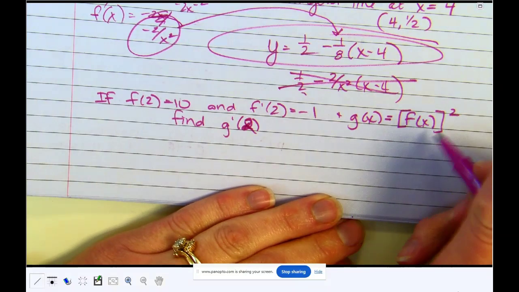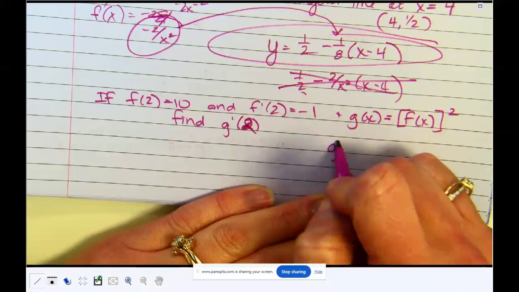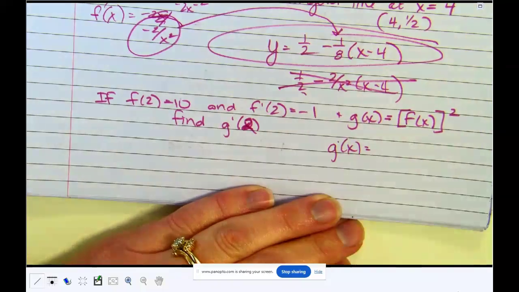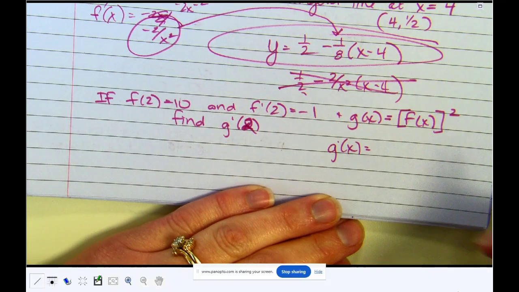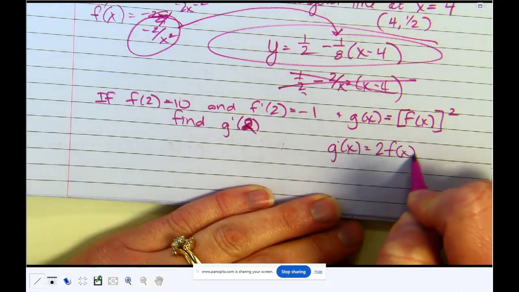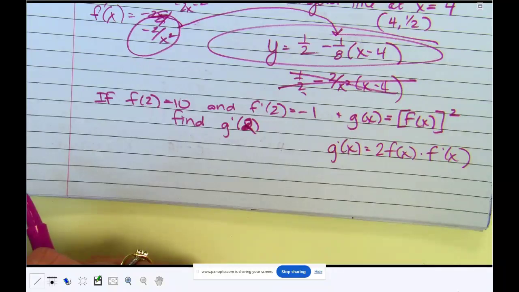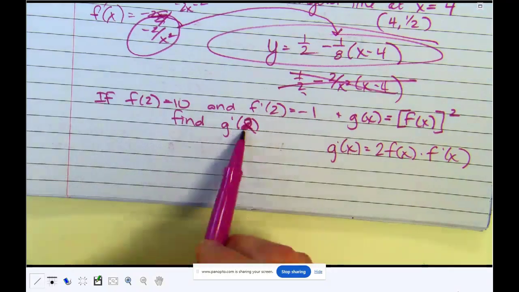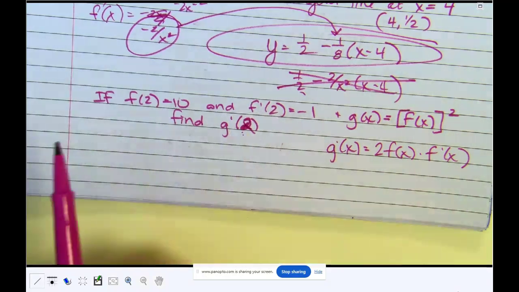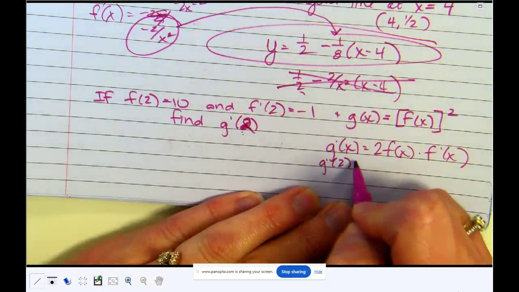Okay, so if I'm going to find G prime of 2, that better mean I have to have G prime. So what's G prime? How about 2 f of x times f prime? You guys, that's a chain rule. Where did the f prime come from?